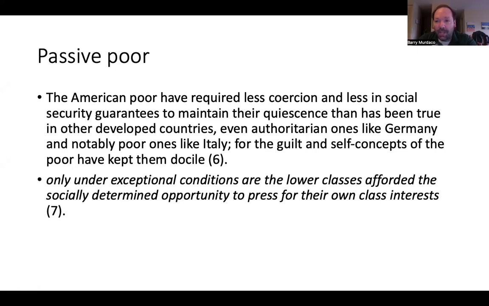Basically, what they're saying, and we'll kind of expand on this a little bit more next class too, is that people don't really demand that much. They kind of are willing to sort of trade their obedience and get very little in return for it. Next class, we'll look at the essay by Michael Mann, who's a well-known sociologist, and basically talks about this idea as well, that rights are basically concessions made by ruling classes in order to essentially exchange for the obedience of the population as a whole.